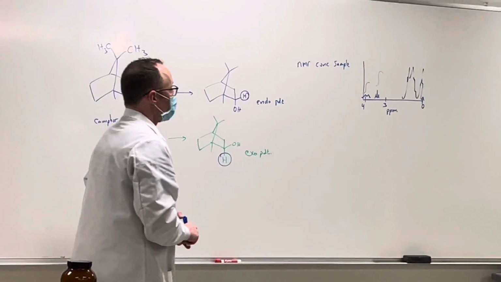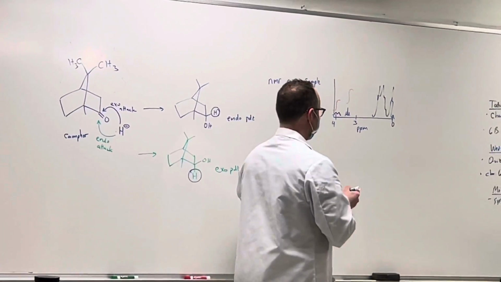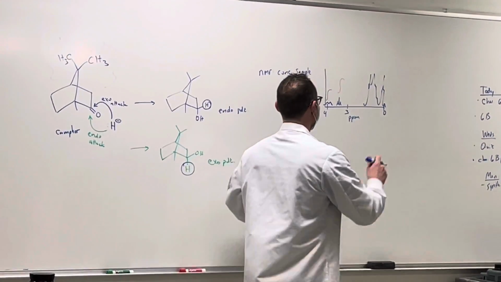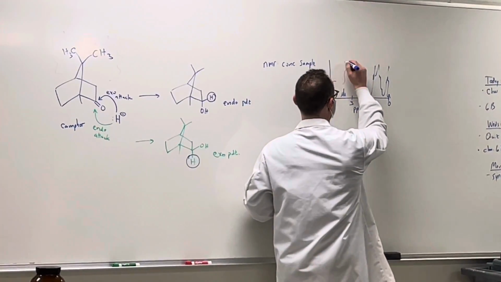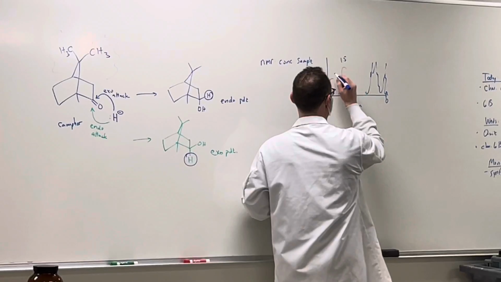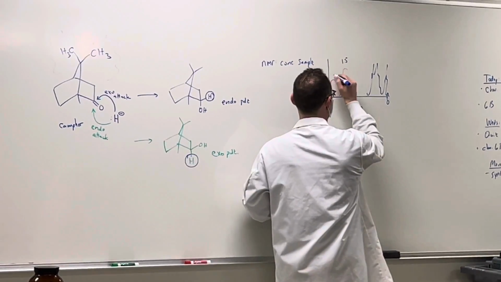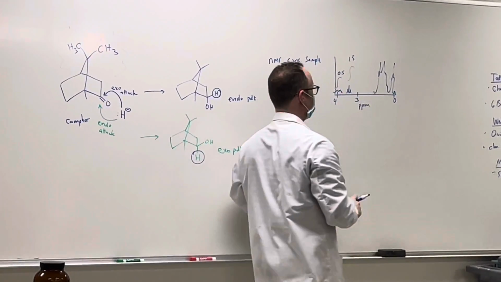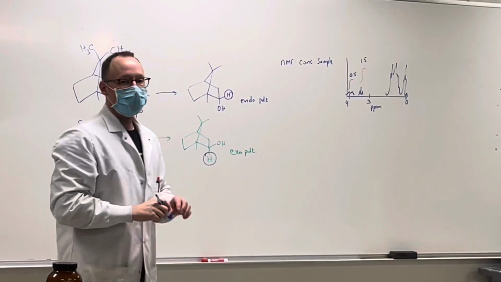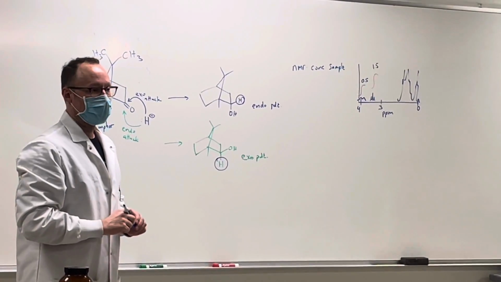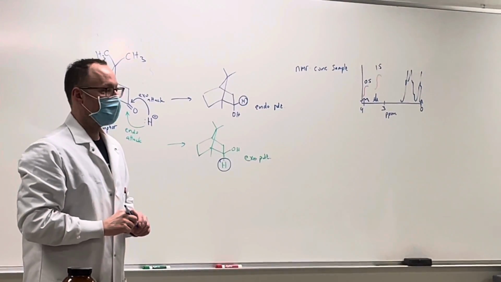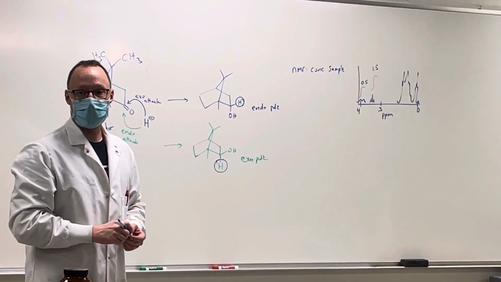Okay? So I'm going to just make up some numbers here to make my math easy. But let's say you did these integrations and you got 1.5 there and 0.5 there. You're going to use those relative integrals to get the relative amounts of each of the product.